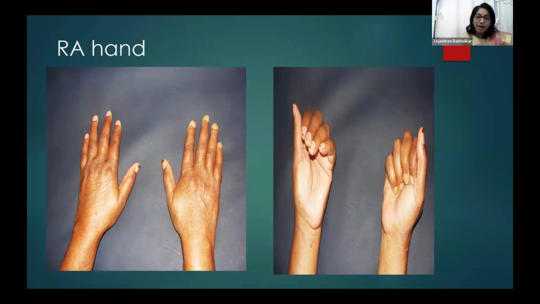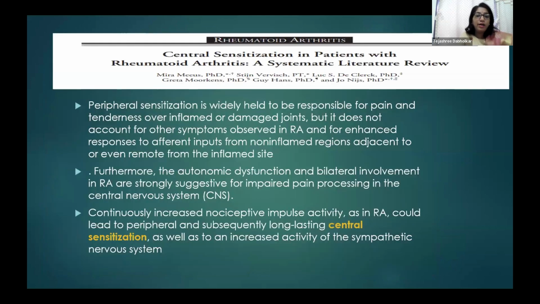So we were thinking that the RA patient had now developed CRPS-like things, and both had to be tackled. But when we read this particular article, we thought maybe possibly the symptoms were so overlapping that segregating it only as RA and now developing into CRPS was difficult.